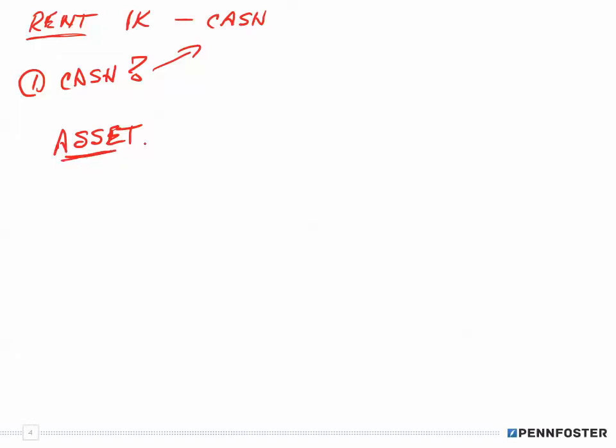And we know from the other videos that when we want to increase our asset, we increase it on the debit side, and we decrease it on the credit side. So here I'm affecting cash, right? Now, am I increasing or decreasing my cash? Well, I'm paying the $1,000 in rent, so I'm decreasing my cash. So the first half of my journal entry is going to be a credit to cash for $1,000. Okay, that's my first half.